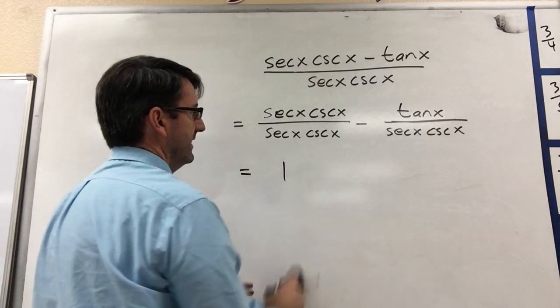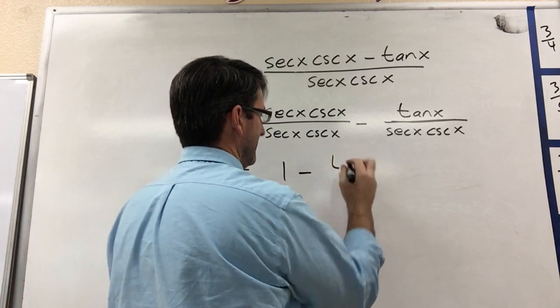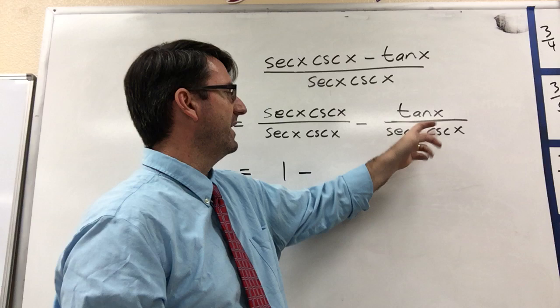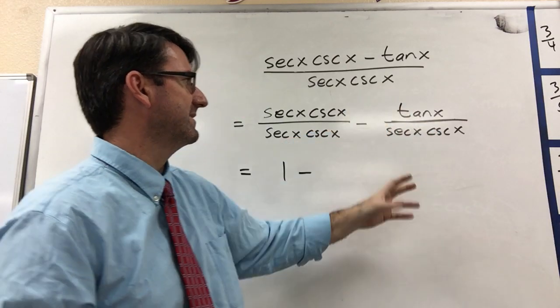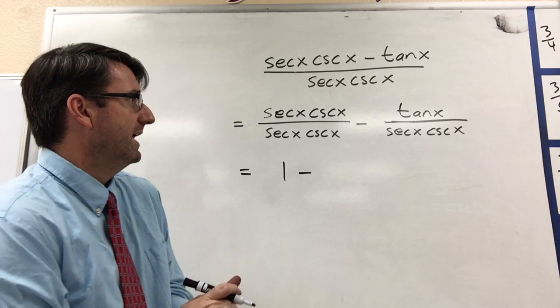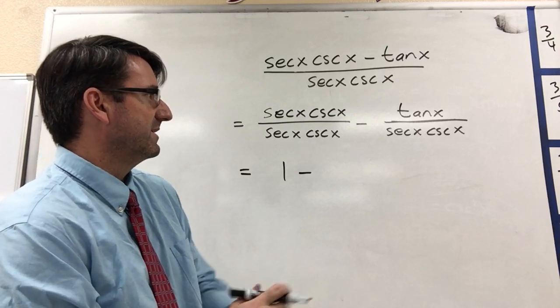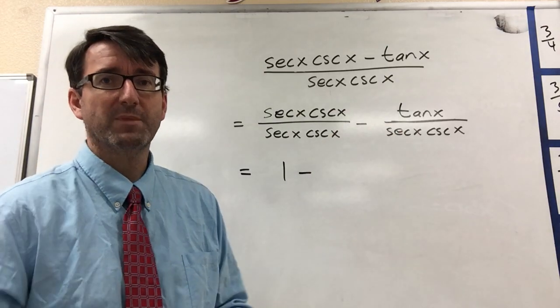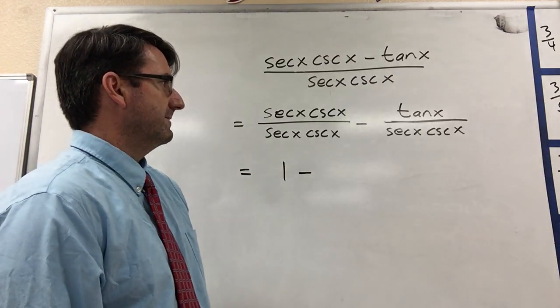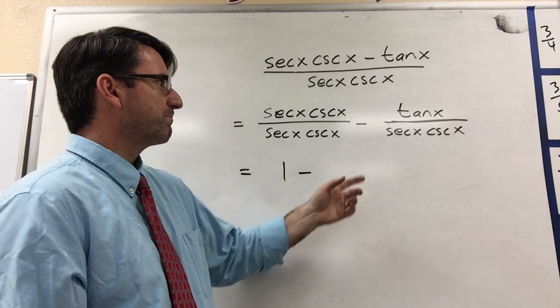And then minus. And while we're doing this, there's nothing that we can cancel there, or factor out. There's nothing that jumps out as being an identity that we can use.